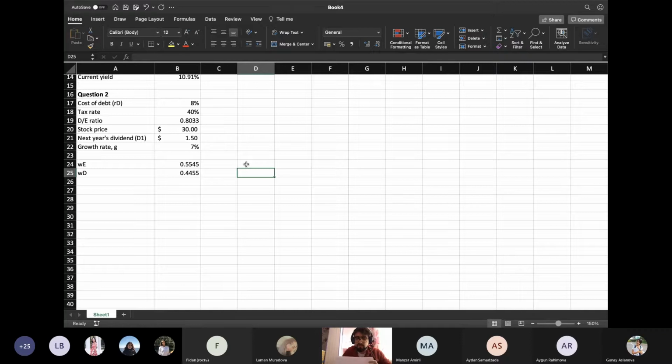We know that stock price P0 is equal to D1 over R minus G. You know this formula. So we have P0, stock price 30, is equal to D1. Where is our next year dividend? 1.5. It is our next year dividend, so we don't need to multiply it by the growth rate. 1.5 over R minus 0.07.